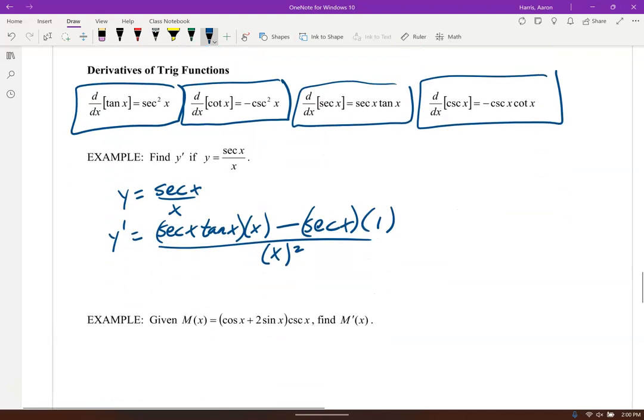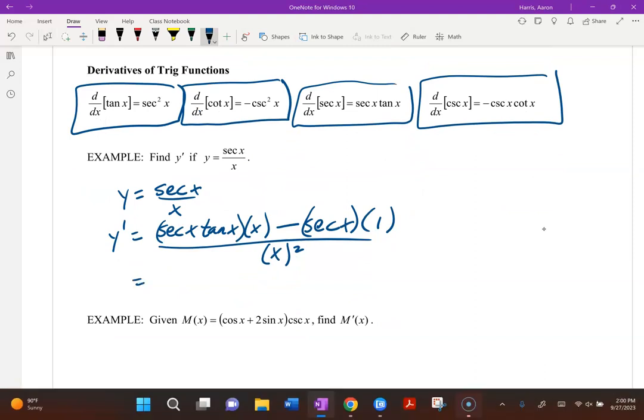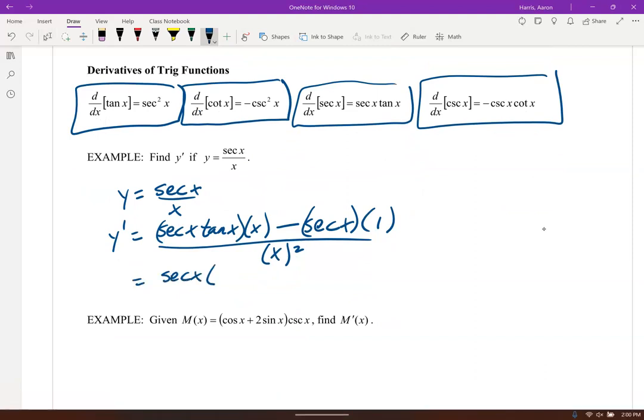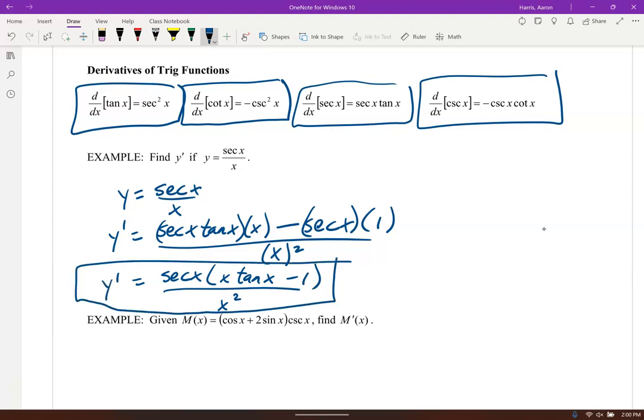And so if I take a secant out of both of those, I would have x tangent of x minus 1, and this is all over x squared. And that's really as far as I can go with that one.